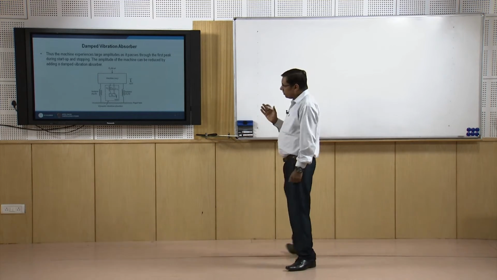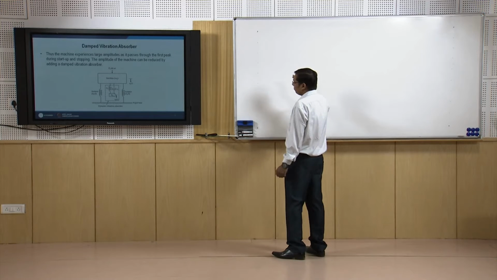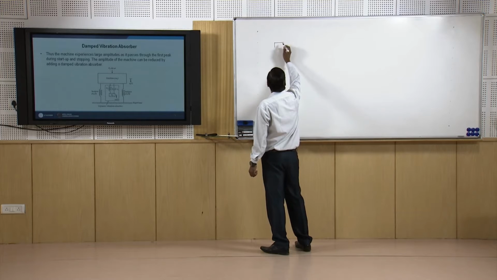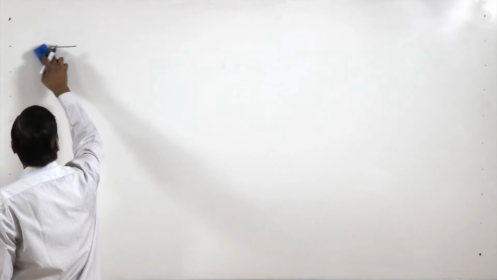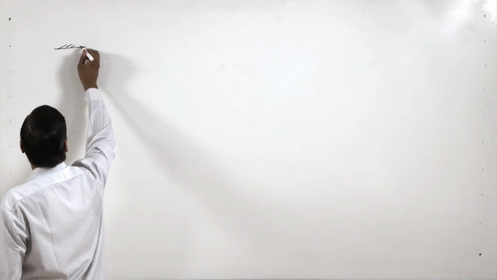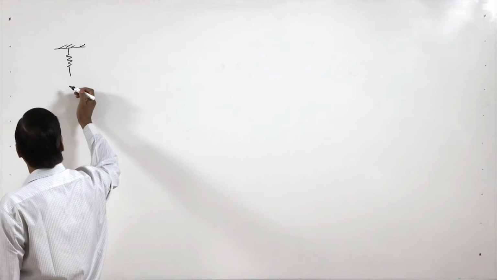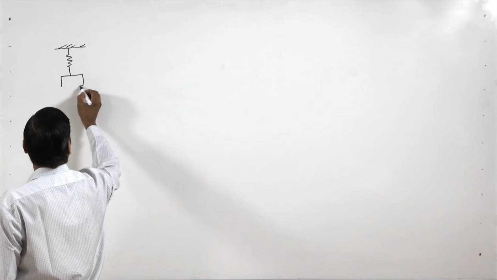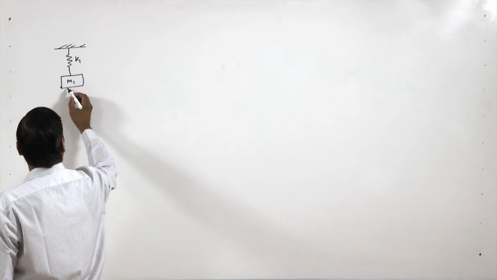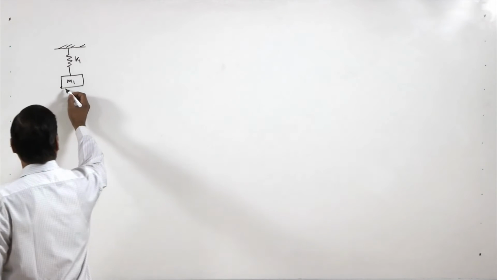This machine and damped absorber system we can draw like this. We have this support, and this is the stiffness of the isolator of the machine, and this is the mass of the machine. So this is K1 and this is M1, and from this mass we are attaching the damped vibration absorber.